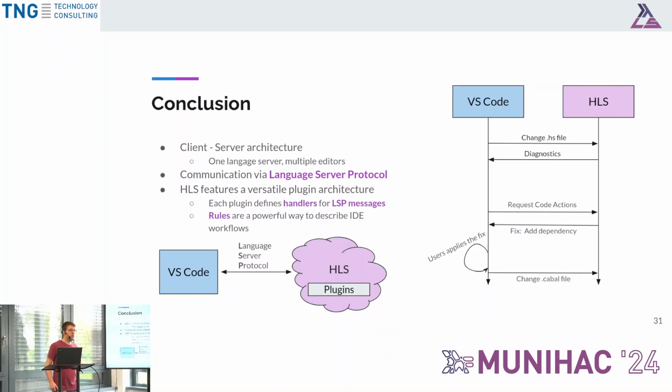And once the user wants to fix some errors, they have to click on the specific error they want to fix, request code actions for that particular diagnostic, and then hopefully HLS is able to provide some potential fix. The user then has to decide whether they want to apply that fix, and once the user applied the fix, that information is then propagated to the Haskell Language Server.